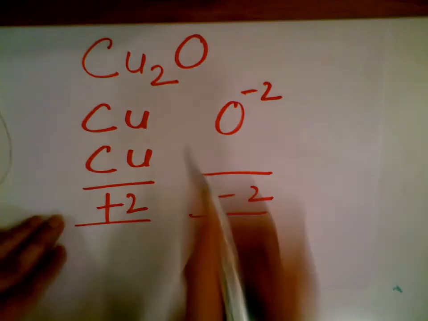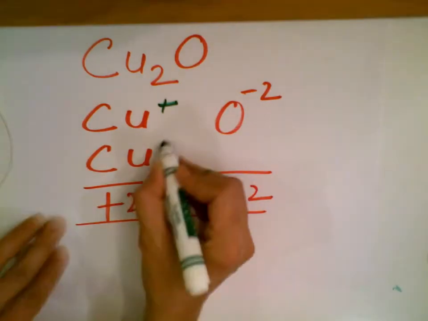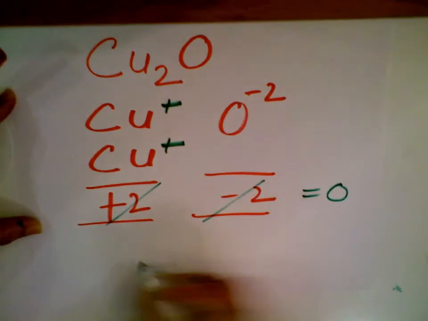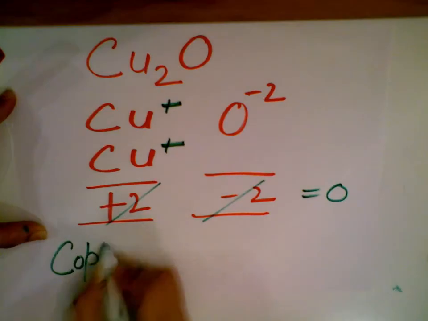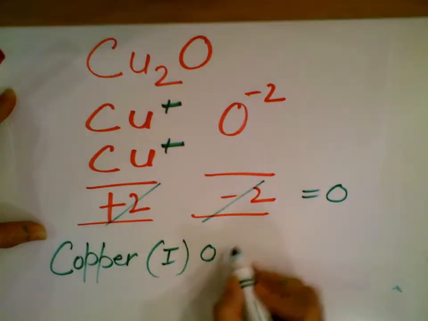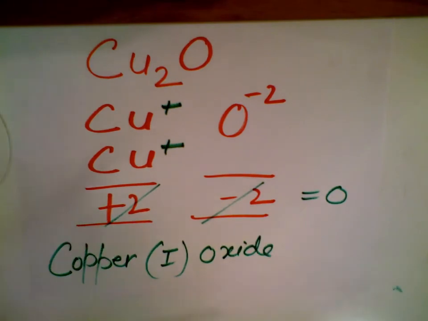It should be positive 1 and positive 1. Cancel out equals 0. So it is copper 1 oxide. Okay guys? Alright. Or you can work backward.